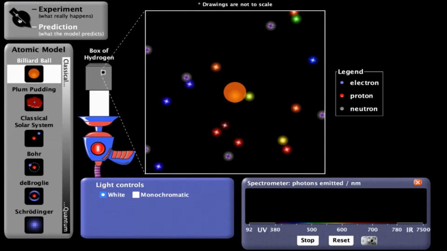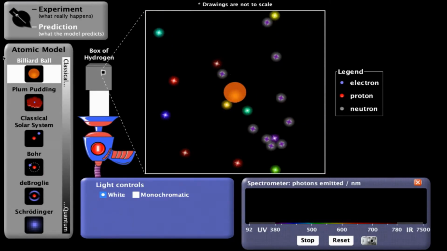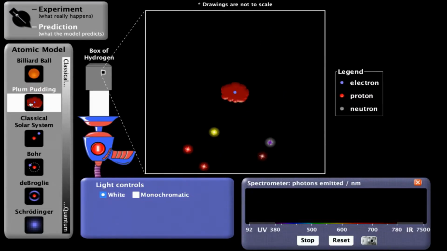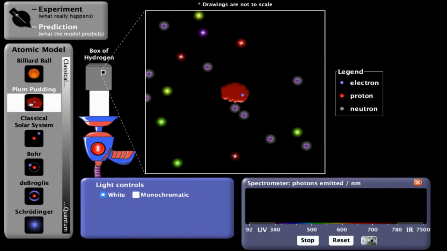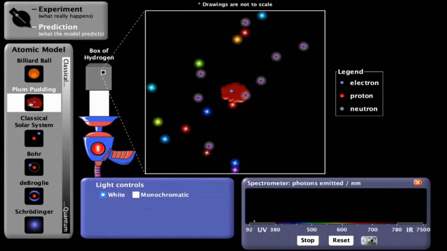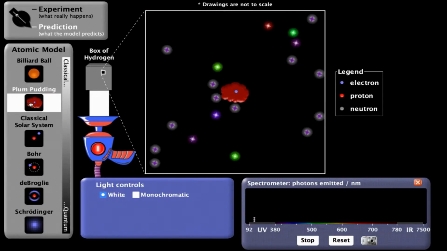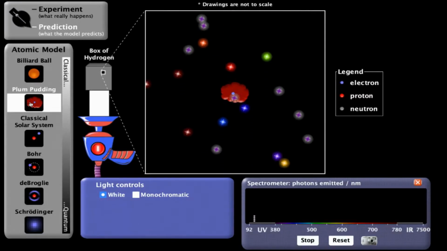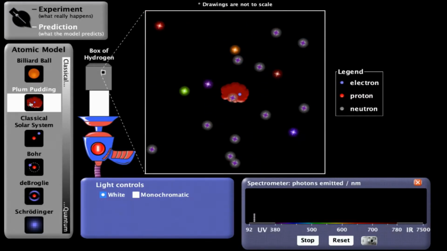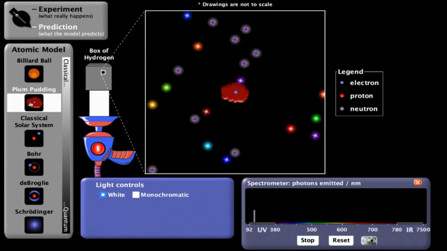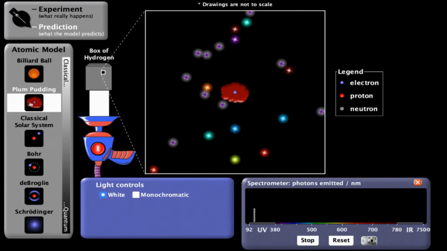So now we've discovered the electron, and we know that the atom is overall neutrally charged. It has no charge either way. So we've got this red cloud of positive charge, which our electron sits in, and there's only one because we're talking about a hydrogen atom here.